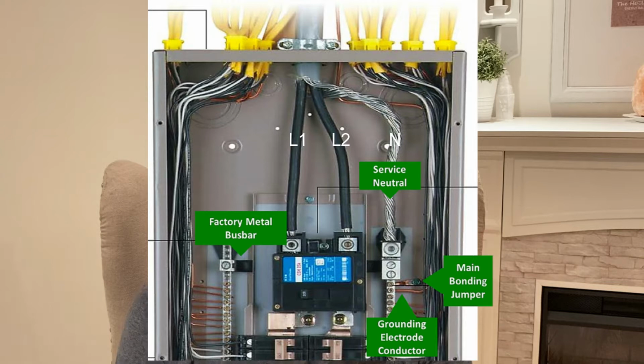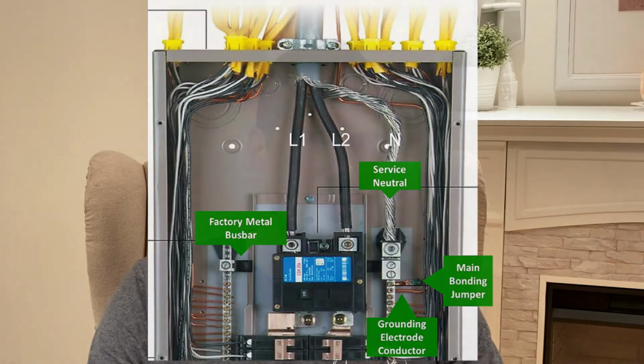And if you look to the right of that, you can also see there's a service neutral conductor. That neutral conductor is responsible for returning the electric current back to its source. In AC power, which is what we're dealing with in our home, this is called alternating current.